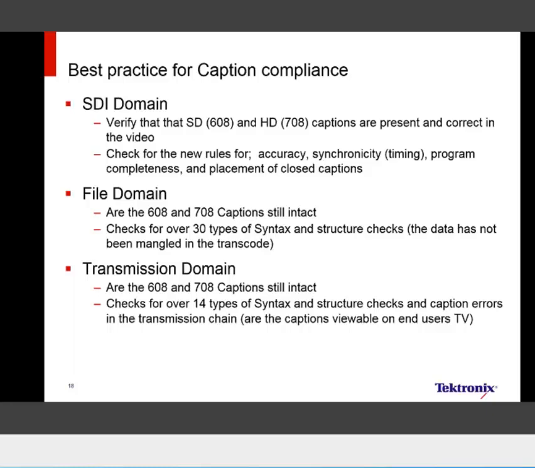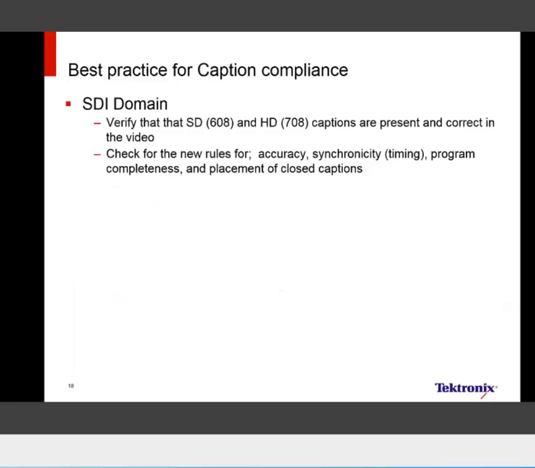So within the SDI domain, the file-based domain, and the transmission domain, there are several different pieces of this that we can look at. If we take a look at the SDI domain, we need to verify that the SD and the HD portions of the captions, i.e. the 608 and the 708 captions, are both present in the content.